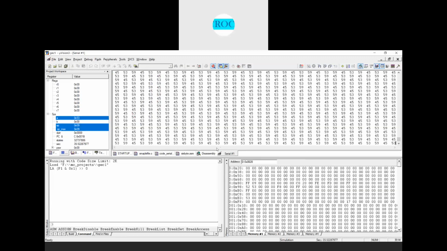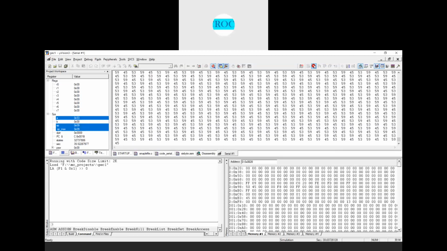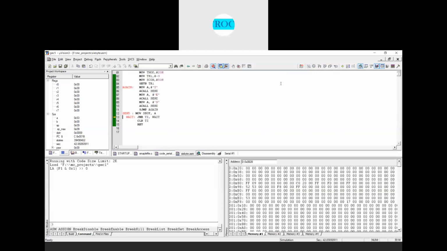This is the hexadecimal equivalent of the character Y, this is for the character E, and this is for the character S. This is how you transmit the data here. Everyone understood?